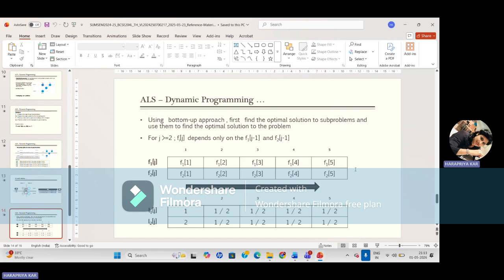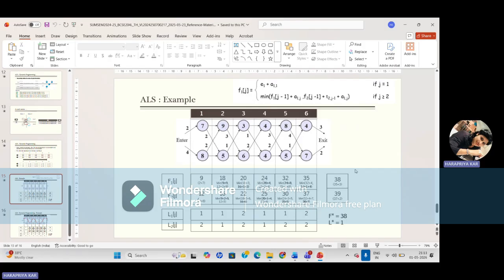Okay. So here you see a complete example. In the question it is mentioned f1 of j, e1 plus a11, minimum of f1 j minus 1 plus a1j, f2 j minus 1 plus t2 j minus 1 plus a1j, if j equal to 1, and j greater than or equal to 2. Then in this problem the entry point and exit point are mentioned. Based on that, you have to apply this objective function and get the solution. Again, you have to check f star, l star, 38, 1.